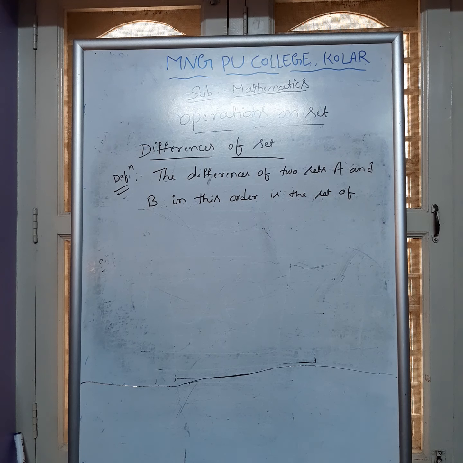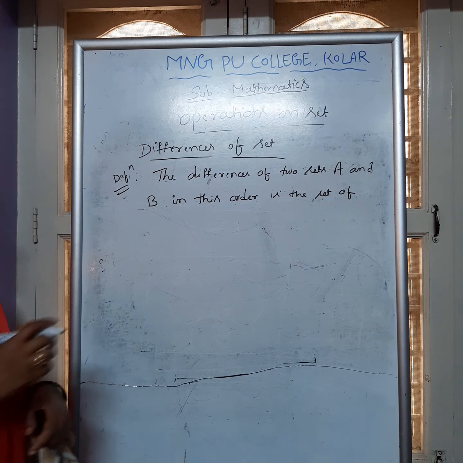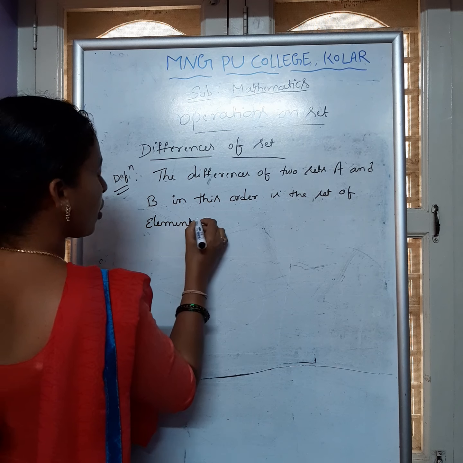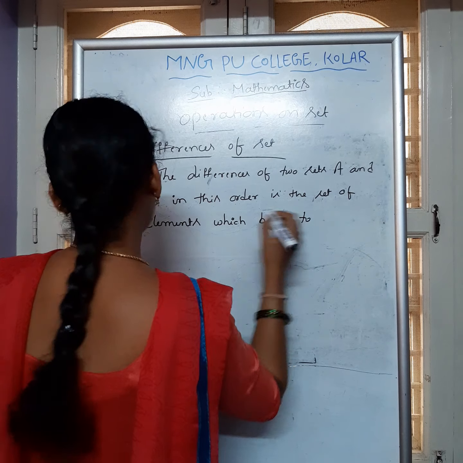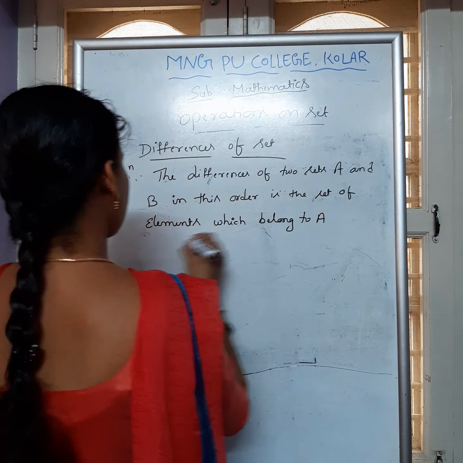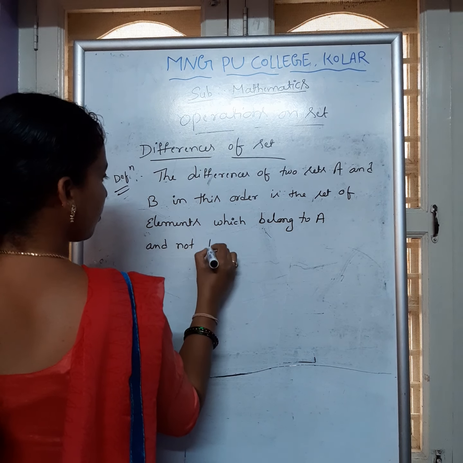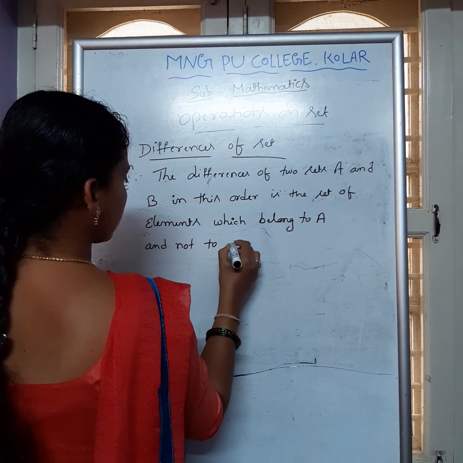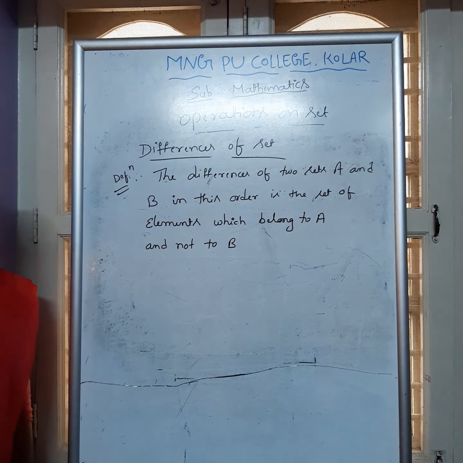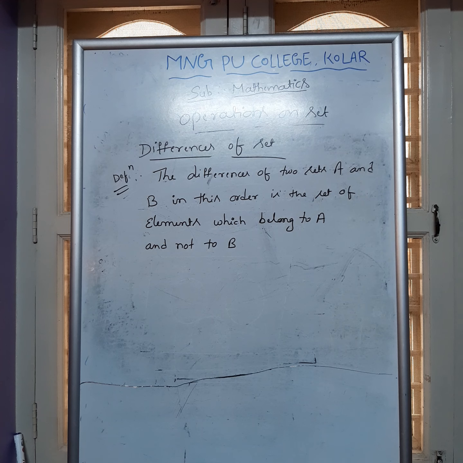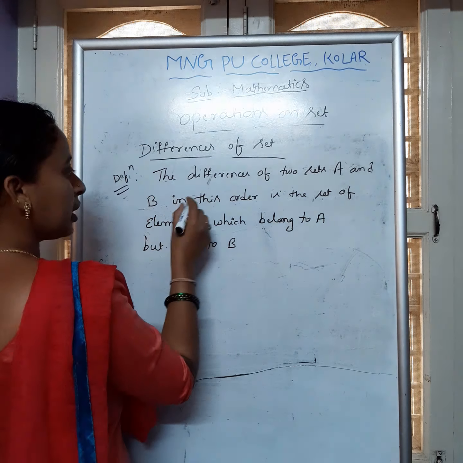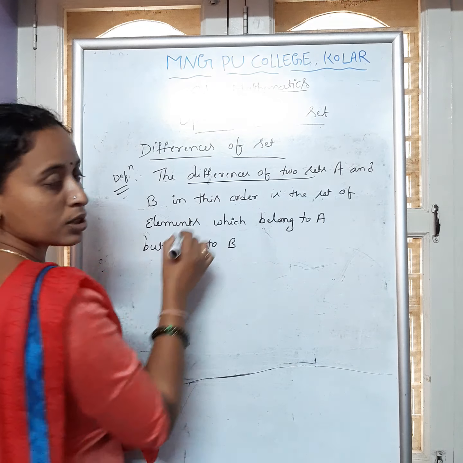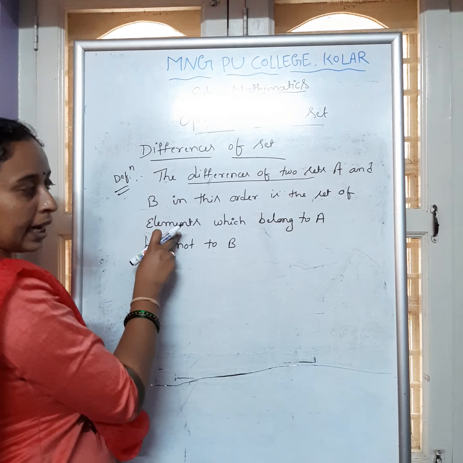The difference of two sets A and B in this order is the set of elements which belong to A and not to B. So what does "in this order" mean? The difference of two sets in this order is the set of elements.